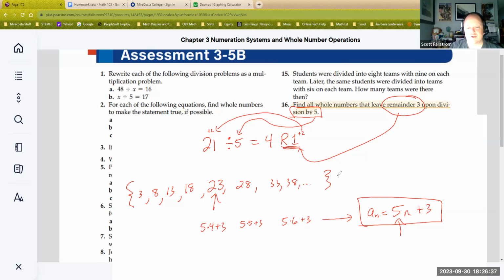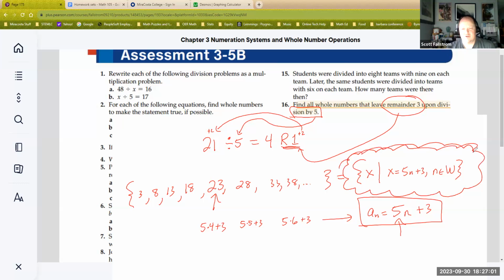You could also write it in set builder notation, right? It's the set of all x as long as x is equal to 5n plus 3, where n is, what do I want? I want a whole number here because it's okay if n is 0. And there it is. So this is probably the easier way to do it, this one over here, because it's so descriptive.